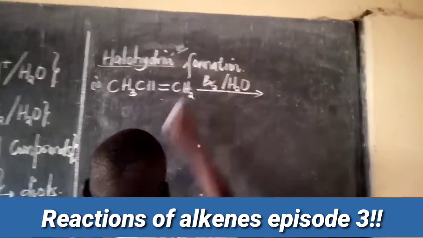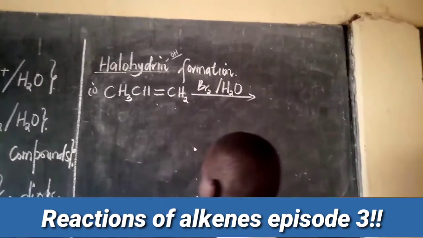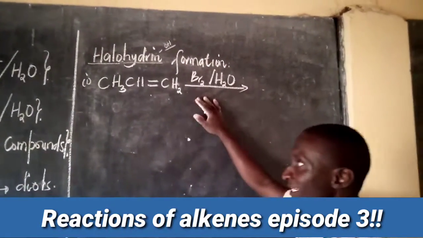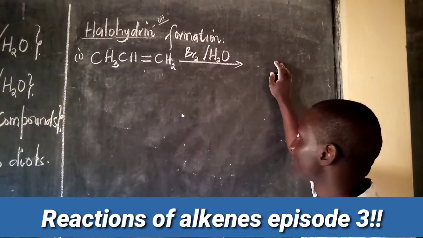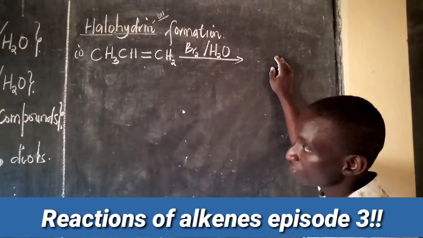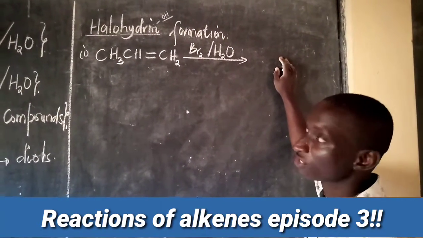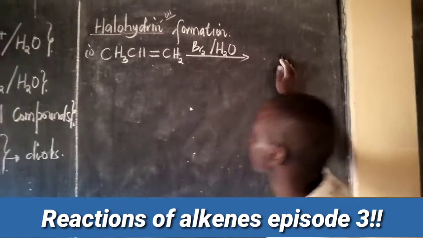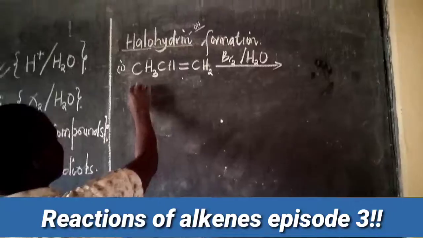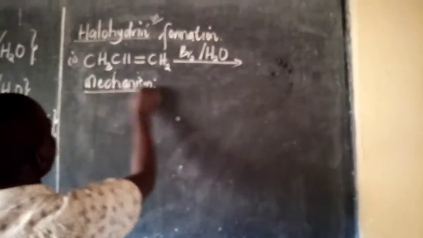That's what gives us the halohydrin formation. Now this reaction can proceed via two pathways or mechanisms. The first one is what we are going to outline, and then we shall see the second. Let us start with the first one.